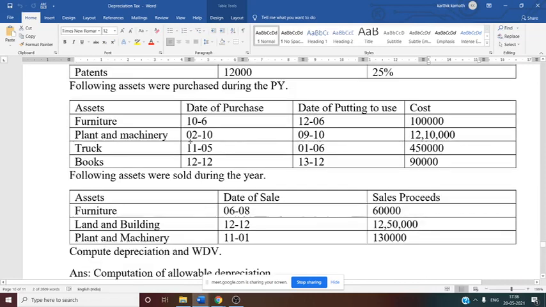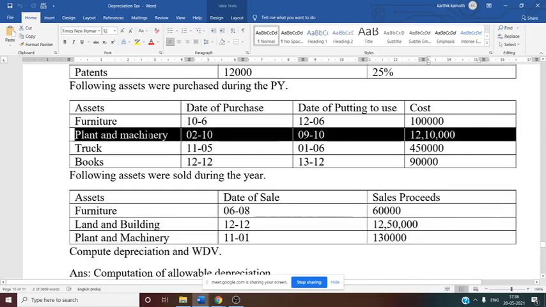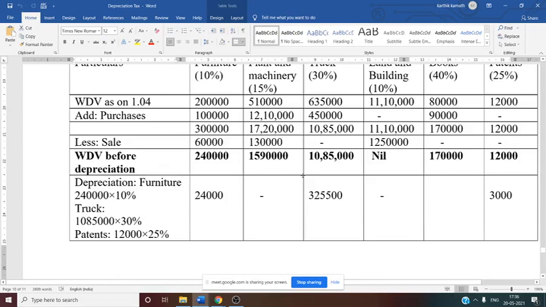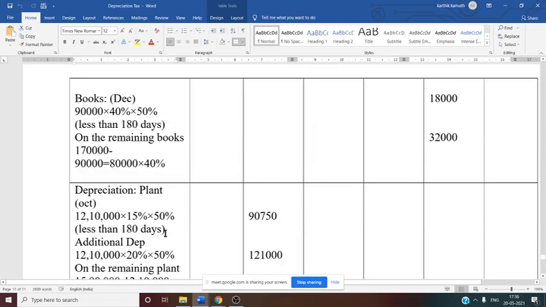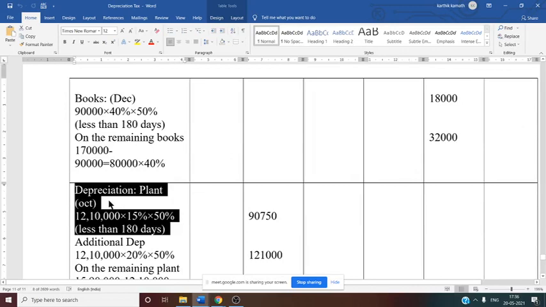Plant and machinery. Now we need to charge first for the purchase of plant and machinery. See this, purchase of plant and machinery is 12,10,000 and the date of putting into use is 9/10. So it is less than 180 days. Now for the October purchase of plant, depreciation is 12,10,000 into 15%, since the plant and machinery rate given in the question is 15%, into 50%.